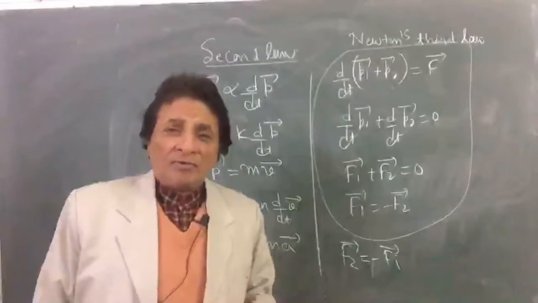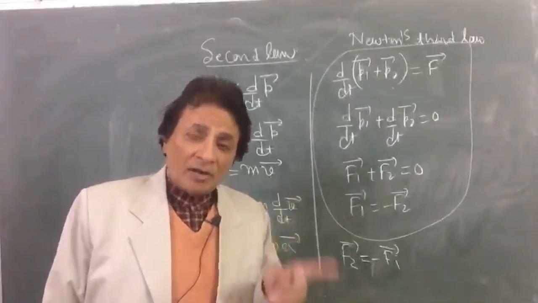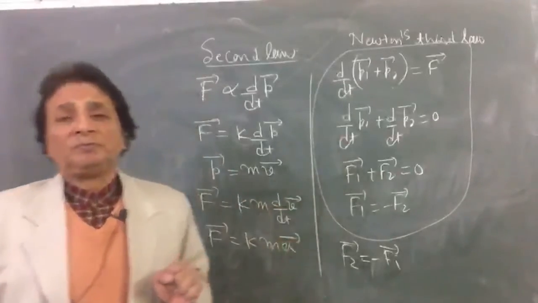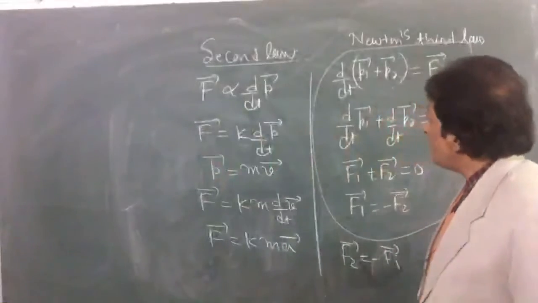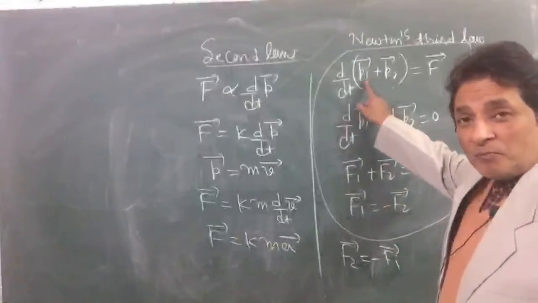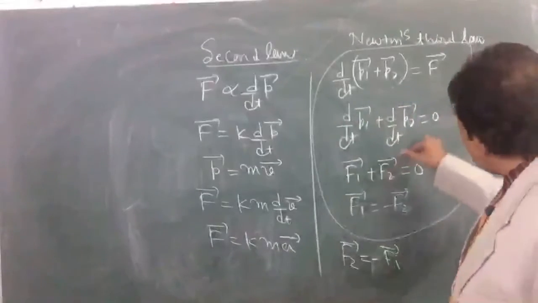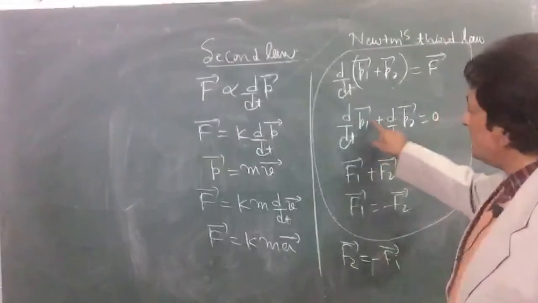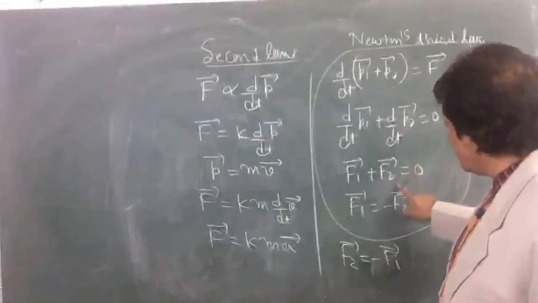So the second law states that the rate of change of momentum is directly proportional to the force impressed. And if I take the two momenta P1 plus P2 with net force 0, then dP1/dt is F1 and dP2/dt is F2.